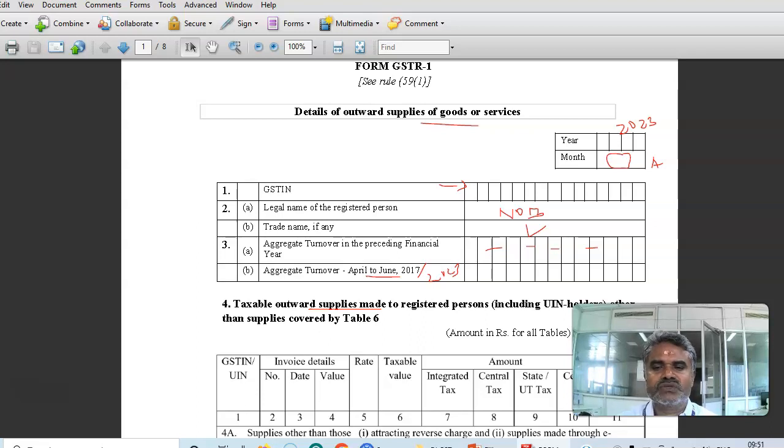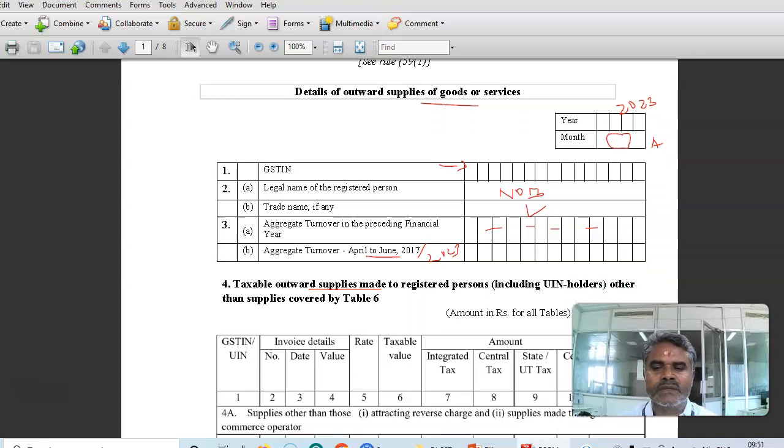Then trade name, if any: if you have a name for the business, you have to mention it here. Then aggregate turnover in the previous financial year, the total turnover, then aggregate turnover in April to June. So the first one is annual, the next one is quarterly.